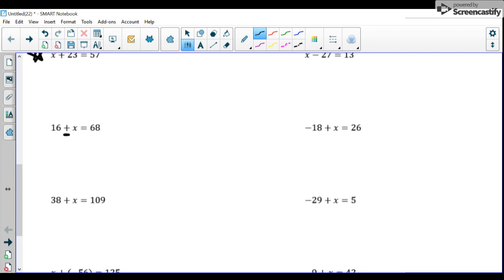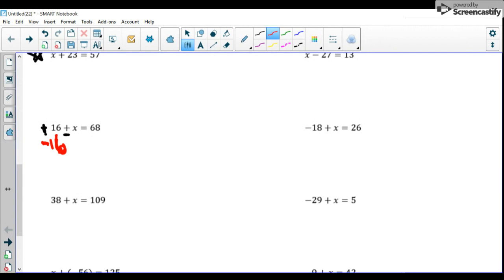So that's a positive 16, right? We always know that there's an invisible plus sign in front of a whole number if it's there. So I'm not looking at my actual plus sign, but now I'm looking at the type of number that is 16, which is a positive. And I know that the opposite of positive 16 is going to be a negative 16. And that's how I know to subtract and not add.